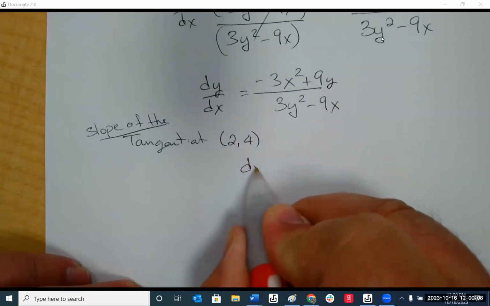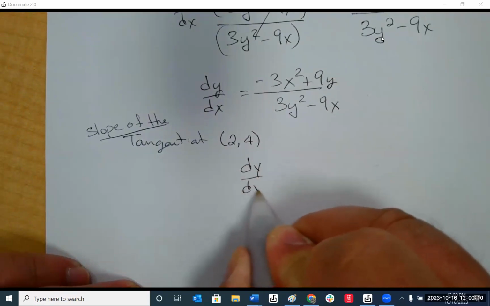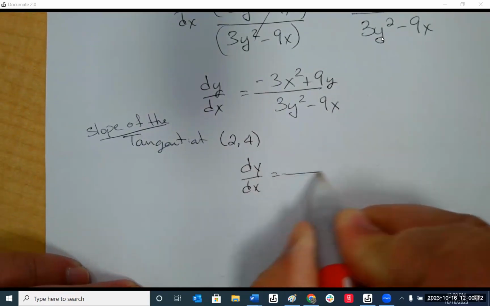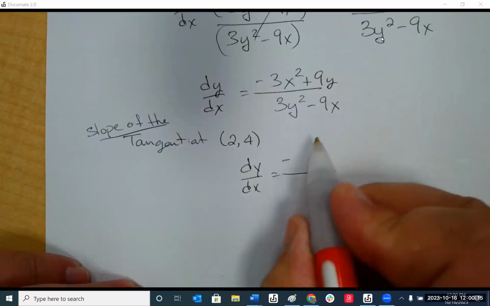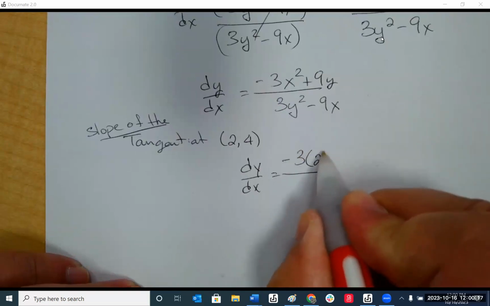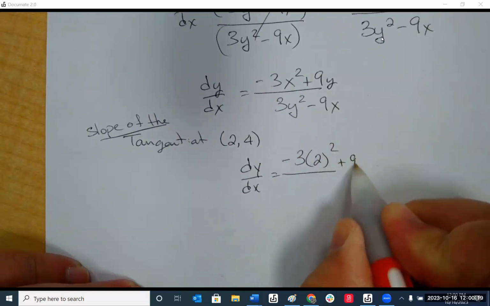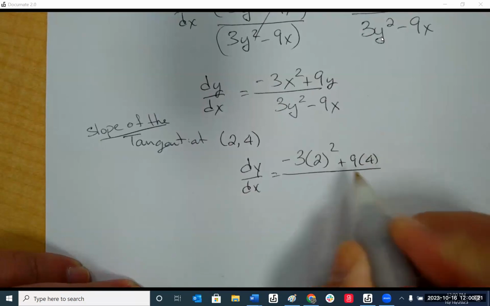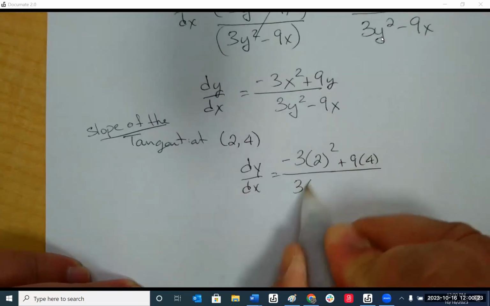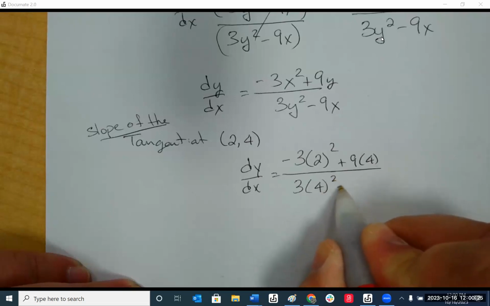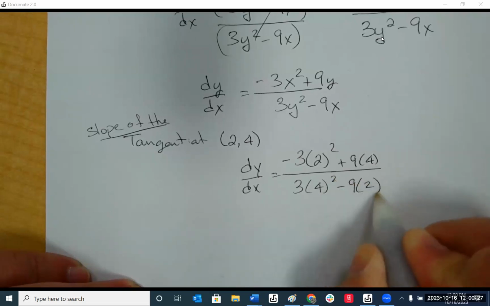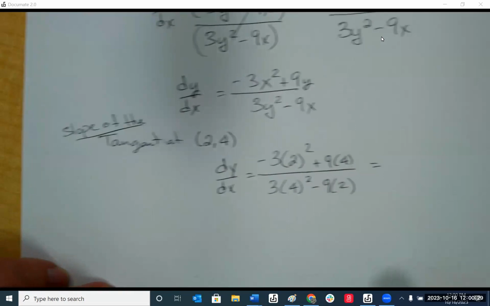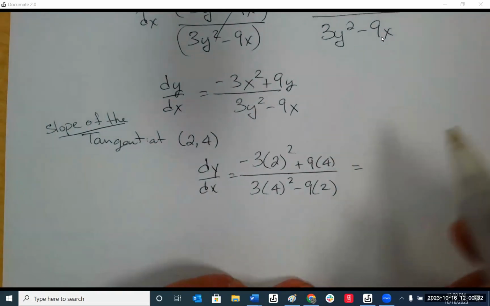So dy dx is equal to negative 3 times 2 squared plus 9 times 4, over 3 times 4 squared minus 9 times 2.